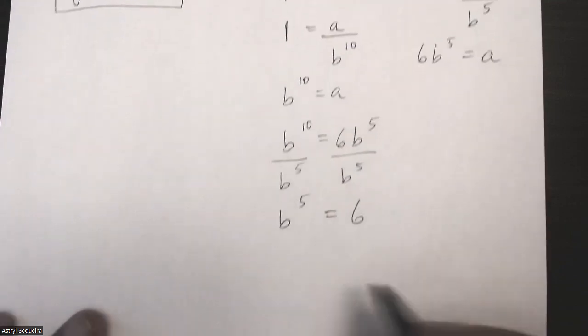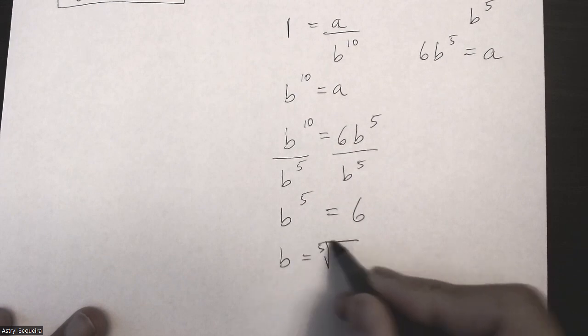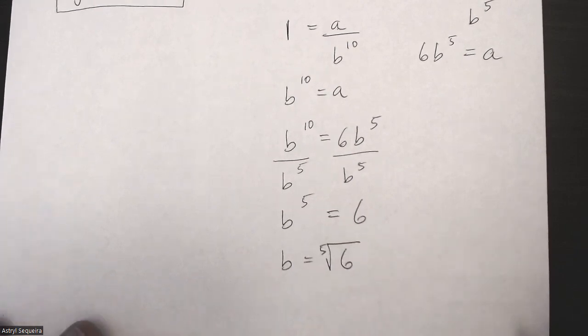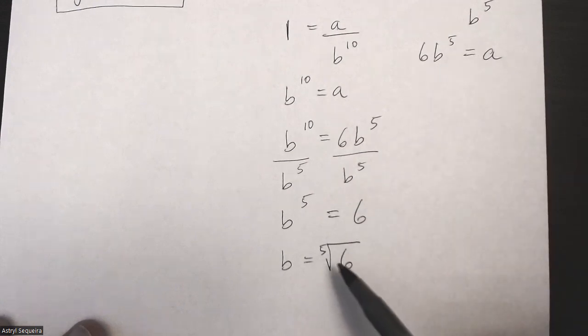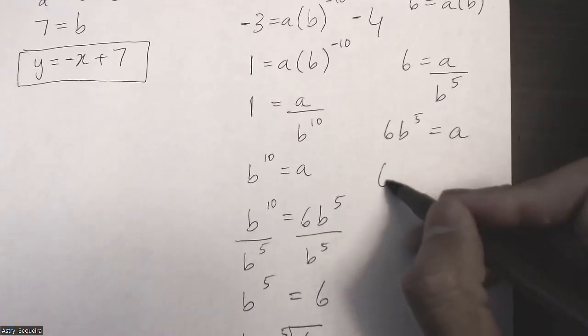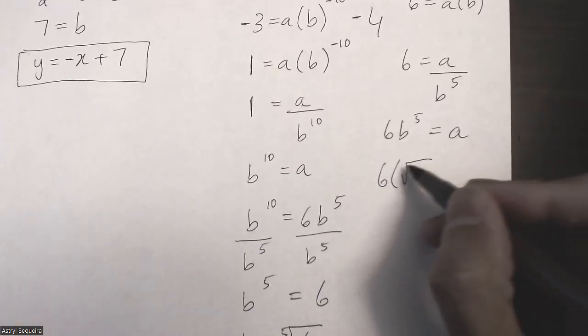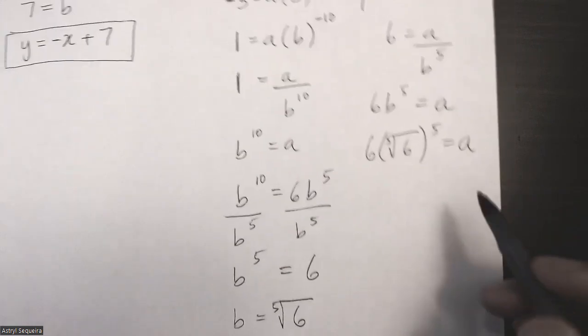And then I get b equals the 5th root of 6. Come back here and sub in my b with the 5th root of 6 to find my a. So 6 times the 5th root of 6 to the power of 5 equals a.